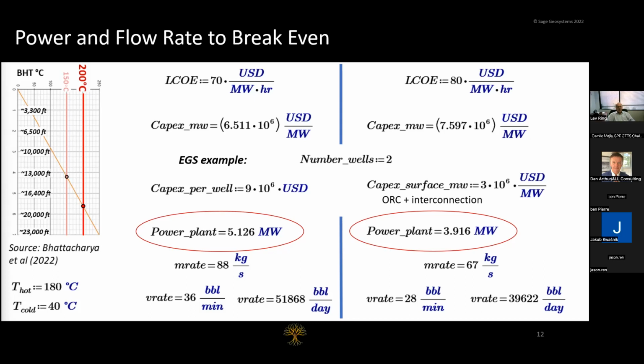So if it is 7 cents, and we assume that it takes 9 million, which is very optimistic, to drill a well to, let's say, 18,000 feet, and we need 2 wells like this, and we assume that the cost of the organic Rankine cycle and all interconnection and everything else is 3 million per megawatt, which is a realistic estimate, we immediately can determine that either our 2 wells can produce 5 megawatts, or we're going to lose money, or in case of 8 cents, they need to produce 4 megawatts, or we're going to lose money.